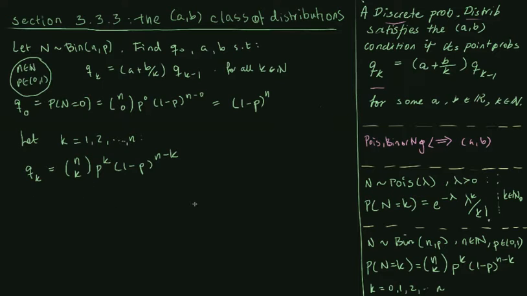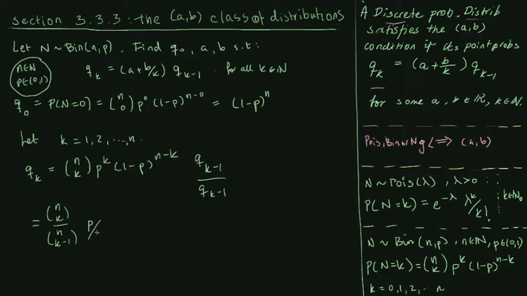I want to express qk in terms of qk minus 1, so I will multiply by qk minus 1 and divide by qk minus 1 at the same time. This gives me n choose k divided by n choose k minus 1, then p to the k divided by p to the k minus 1, so that's just p, then 1 minus p to the n minus k divided by 1 minus p to the n minus k plus 1.